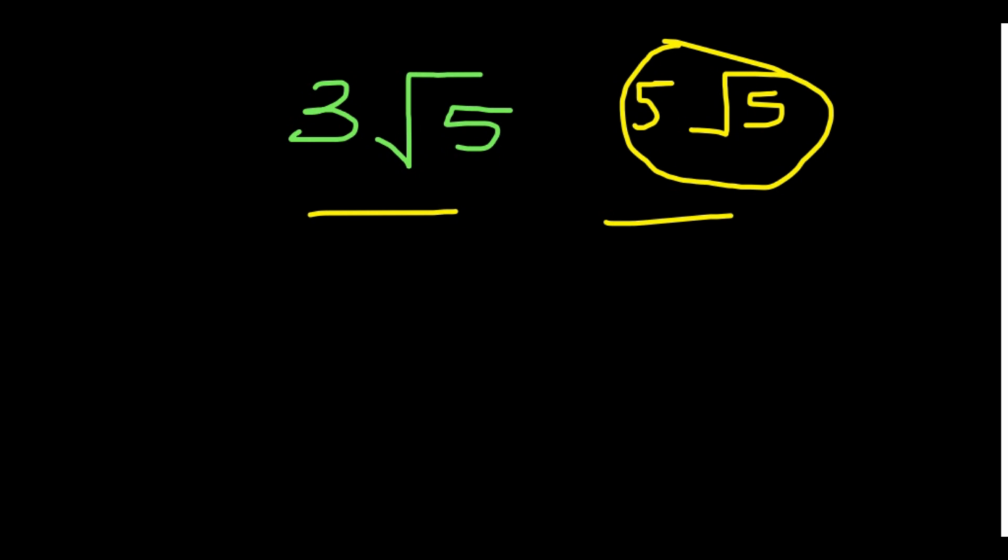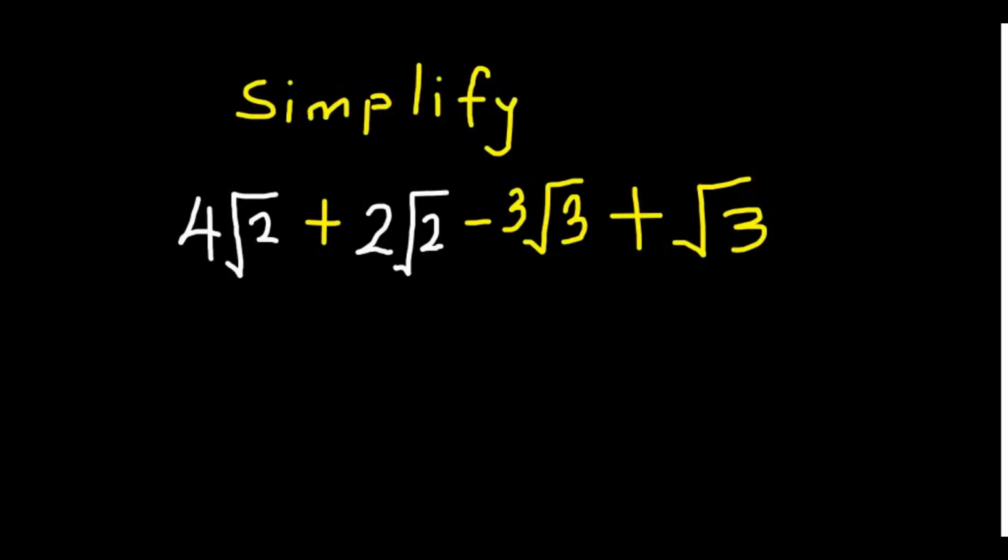Let's take a look at an example to see how this rule works. Simplify the expression 4 square root 2 plus 2 square root 2 minus 3 square root 3 plus square root 3. To do this simplification, we need to follow 2 steps.